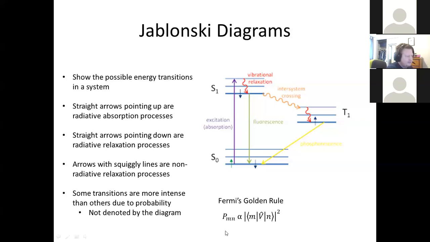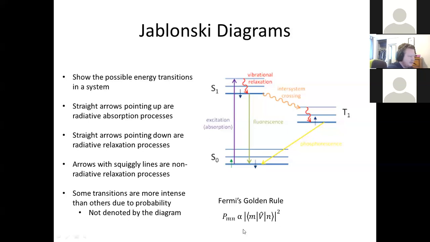If you go to grad school and take a graduate quantum course, you will absolutely have to derive this. If you go to grad school for PChem, you will undoubtedly be asked this on your qualifying exam. Every physical chemist I know is asked about Fermi's golden rule and how you get there. This is a fancy way of hiding an integral, so there's a lot of calculus that goes into this. If you really want to know, I can play with this for you, but it's a little too advanced for this discussion.